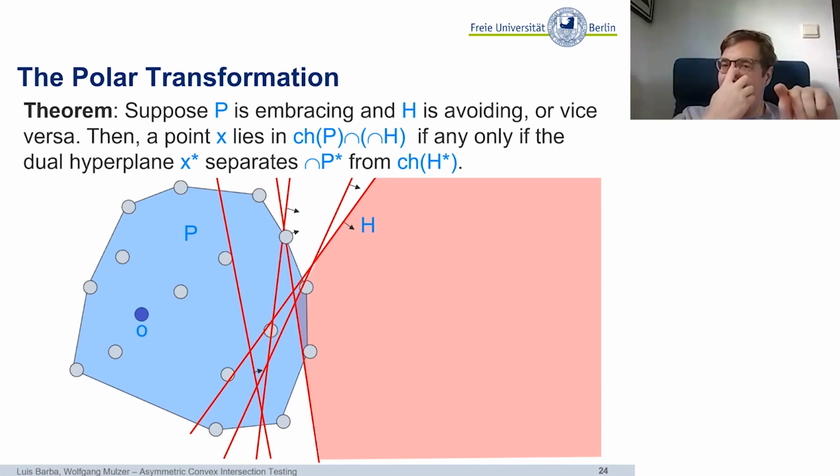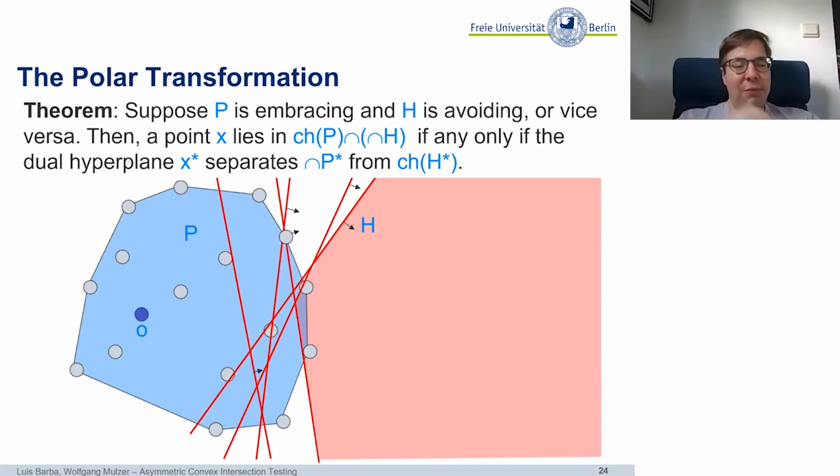Then the two polytopes defined by them intersect in the primal if and only if, when I dualize them and take a point in the intersection, this point separates the two. Maybe this is a bit confusing, but basically we have a way of going from the primal space to the dual space, and turning the intersection in the primal space between a V polytope and an H polytope into a separation between a V polytope and an H polytope in the dual space.